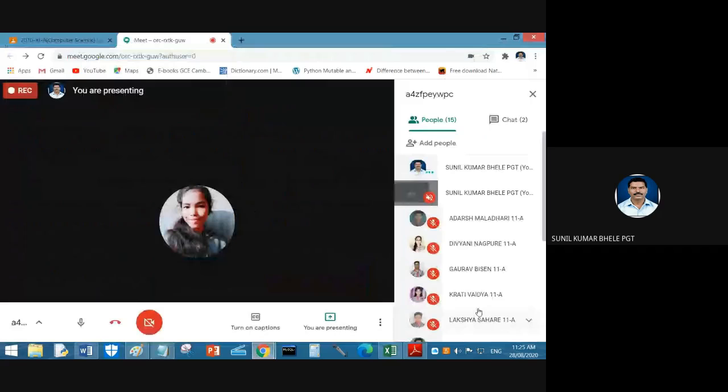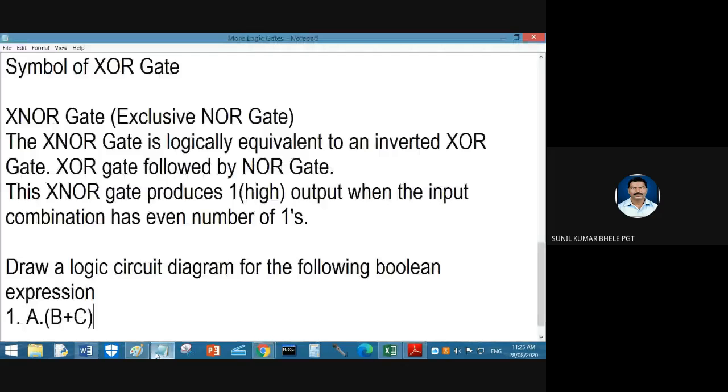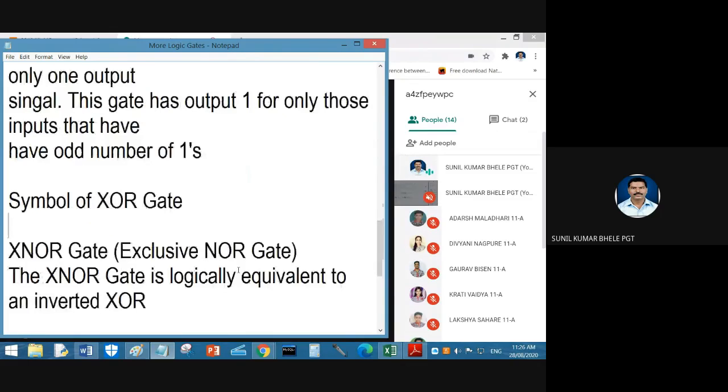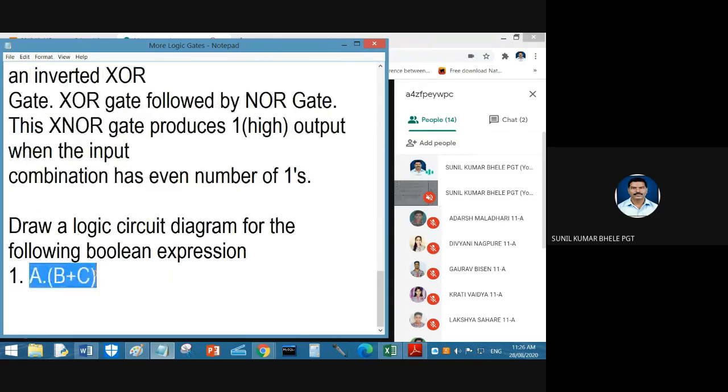Please draw the logic circuit diagram for this Boolean expression. Let's see whether you are able to draw the correct logic diagram or not. The expression is A dot B plus C.